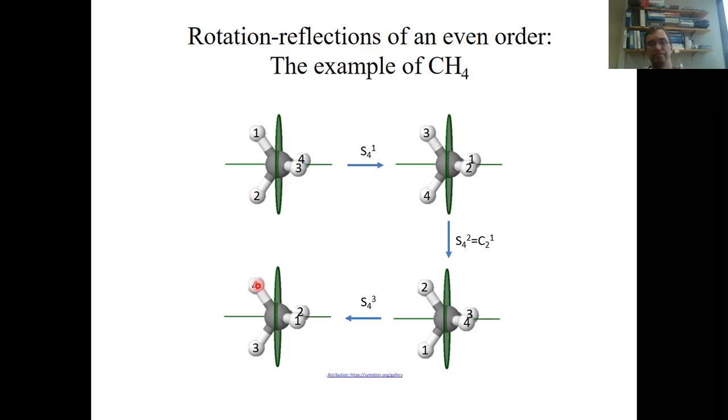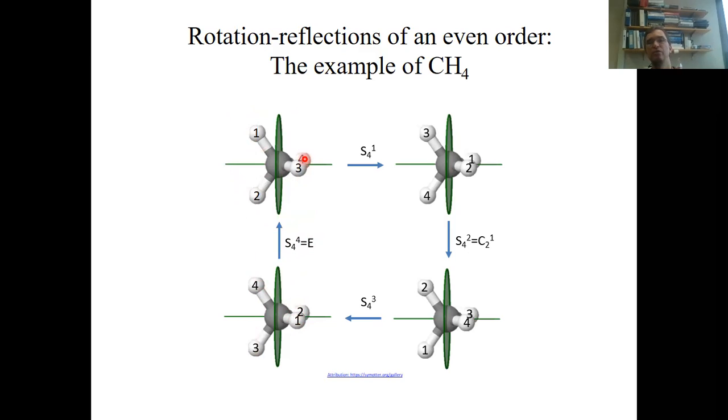Okay. So now, last but not least, we have to carry out the operation the 4th time, and then we really produce the identity. We produce the original molecule. So atom 1 moves from this position into that position. Atom 2 moves from this position to that position. Atom 3 moves from this position to that position here. And atom 4 moves from this position into that position.